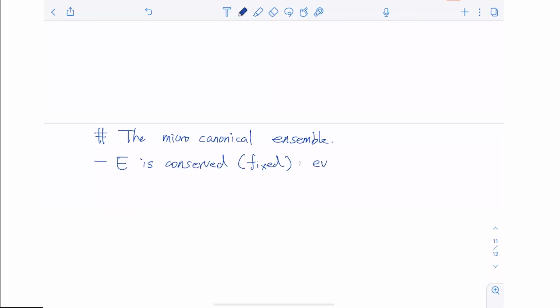And every microscopic state in the phase space that is constrained by this conserved energy E has equal weight.